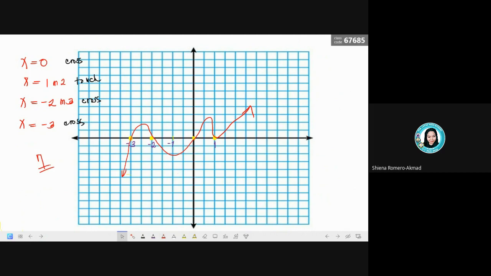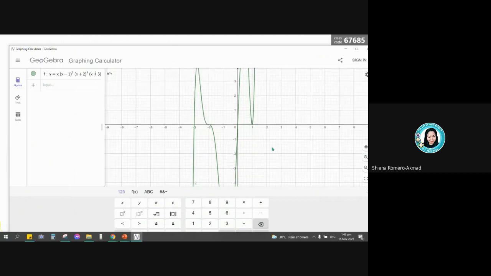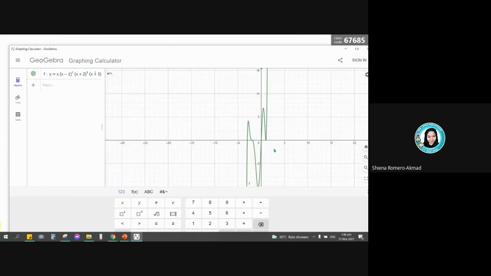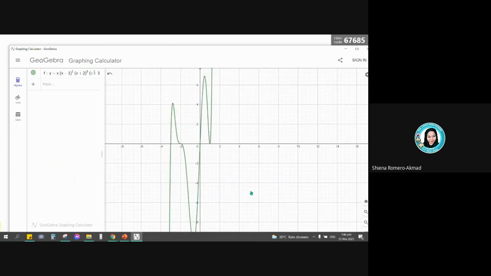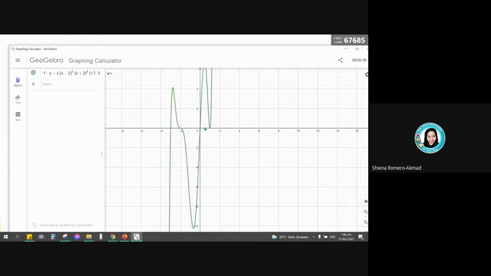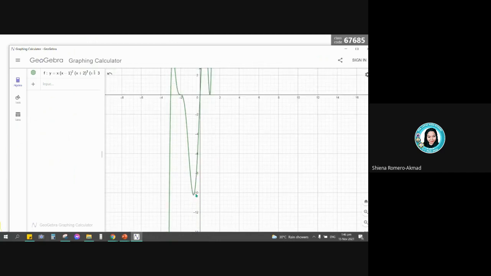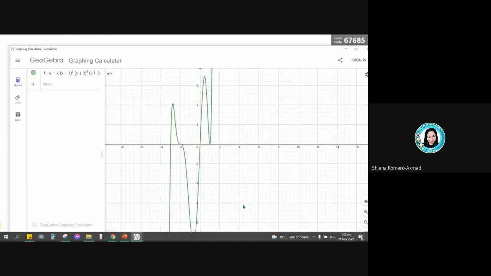So, para makita nyo, ito yung Y natin, that is 0. Tapos, meron pa siyang isa pang dadaanan dito, na hindi na natin na-solve kasi ang sinolve lang natin ay yung mga x-axis.